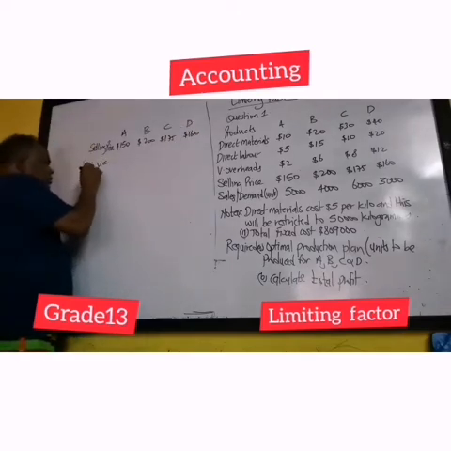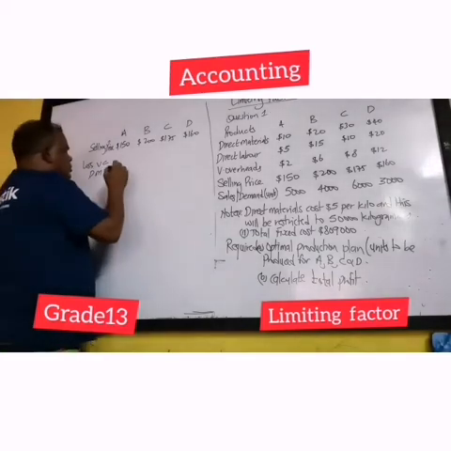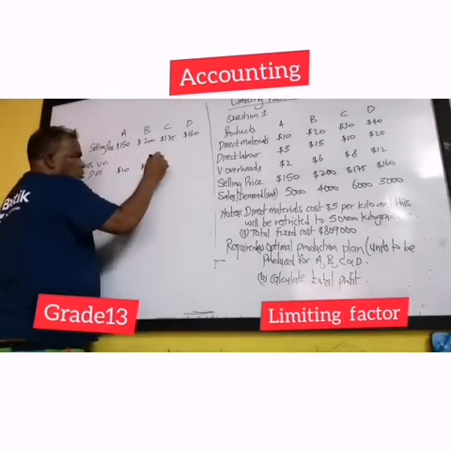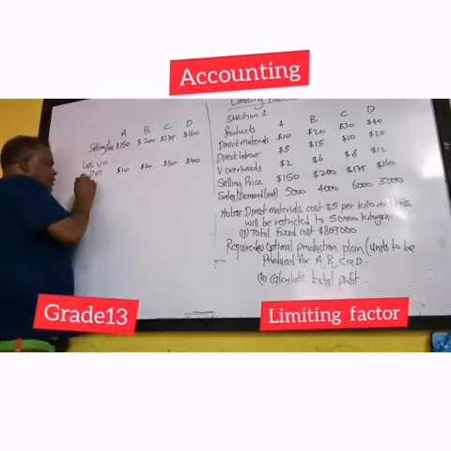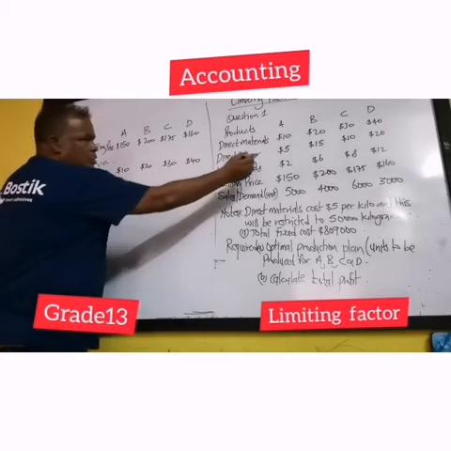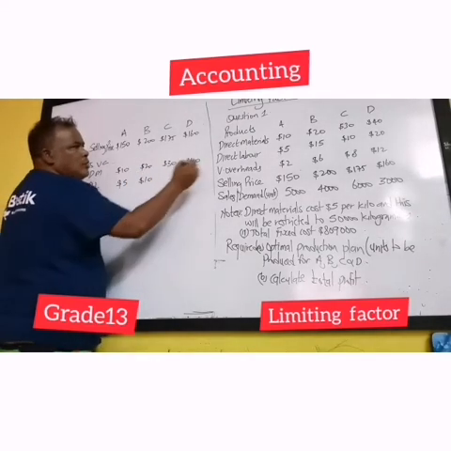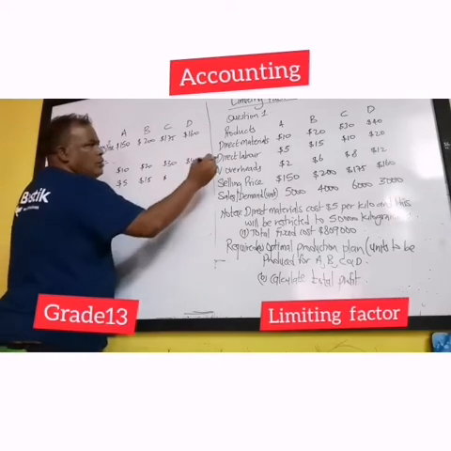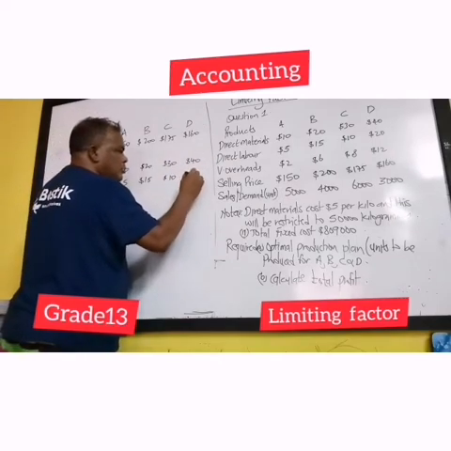We have direct materials: $10, $20, $30, $40. Direct labor, how much? 5, 10, 15, and 20.